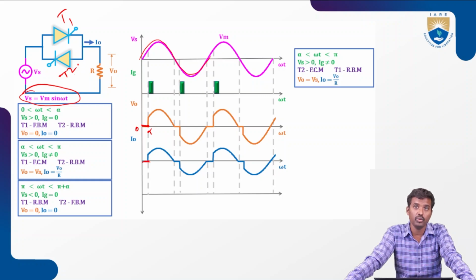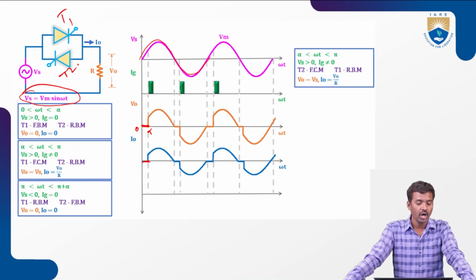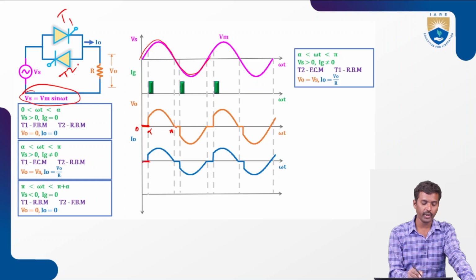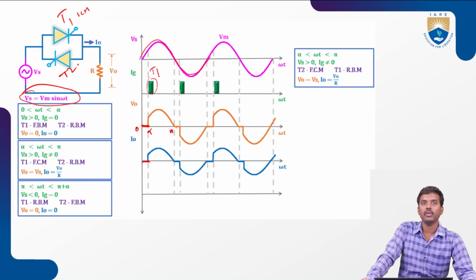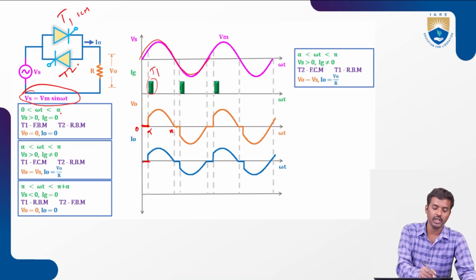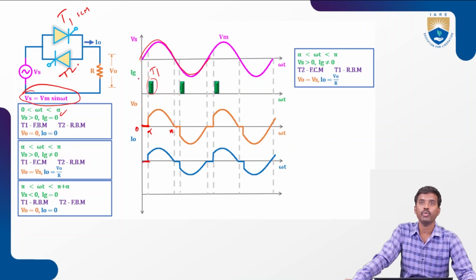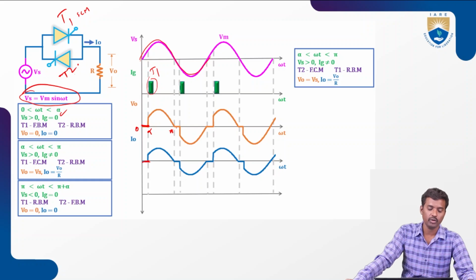In the second mode, from alpha to pi, T1 is in forward conducting mode if I give the triggering pulse to T1. Here Vs is greater than 0 and Ig is not equal to 0. If I do not give any gate pulse to T1, T1 stays in forward conducting mode and T2 is in forward blocking mode.